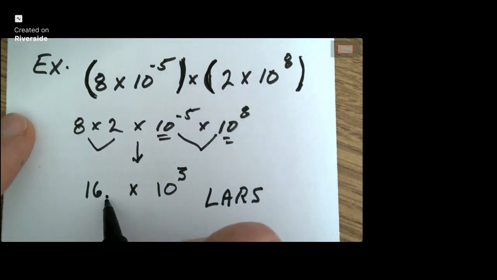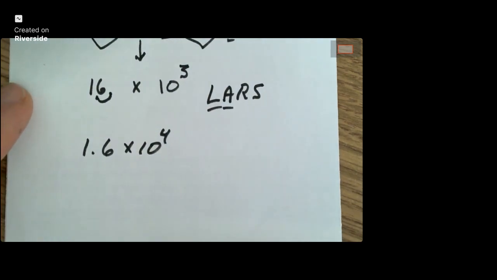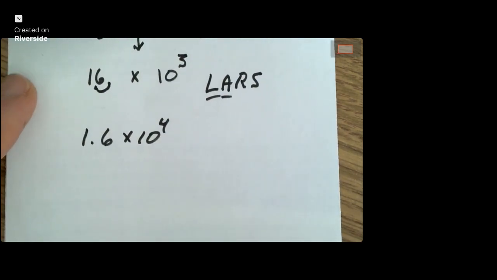So we need to move the decimal point one spot to the left here to get that number to be less than 10 and greater than 1. So we moved it left, which means we add to the exponent however many times we moved our decimal point. So we moved it left once, so we add 1 to the exponent. So we're going to end up getting 1.6 times 10 to the fourth here. Sorry, I need to scoot my screen up.